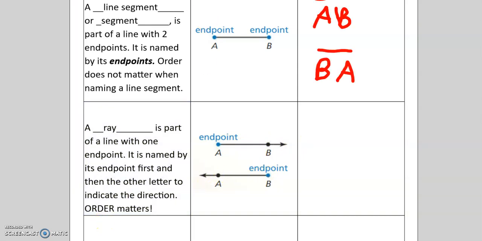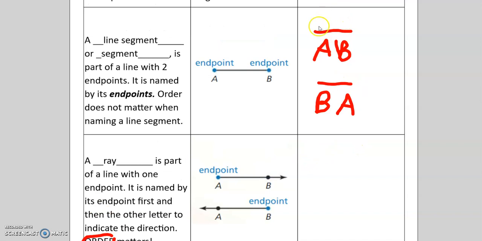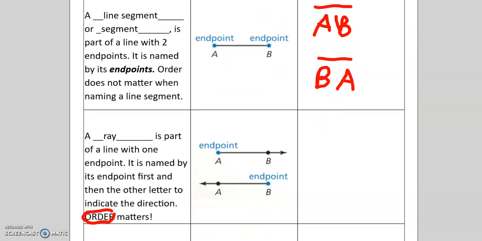Super important here, my order does matter, right? Remember up here with the segments, it didn't matter. AB or BA, it doesn't matter. Here, it does matter. When I have my notation for a ray, we have the endpoint first. So here, my endpoint is A, and then I have the other letter, and then the notation up top looks like a ray.